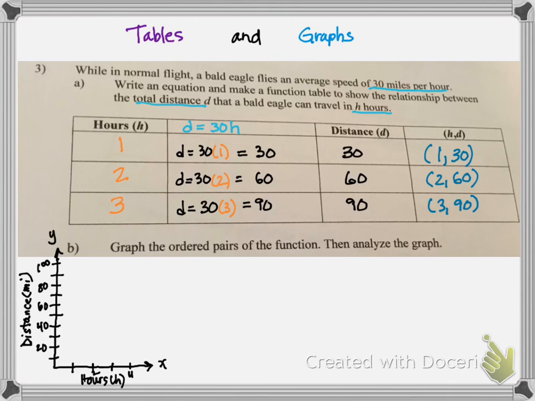And then I'm going to graph my 3 ordered pairs. So 1 goes with 30. 2 goes with 60. 3 goes with 90.